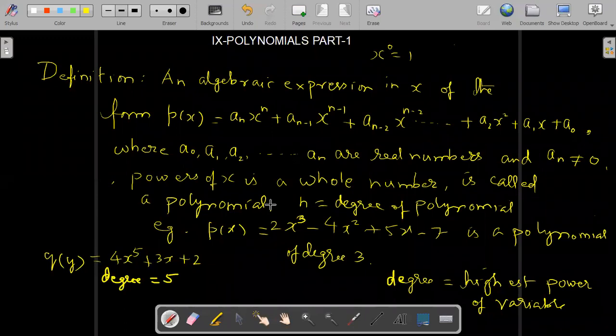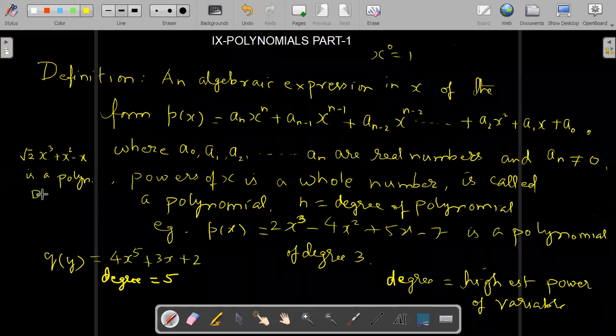So this is the way of understanding the polynomial. But if it is written in root also, it is a polynomial. Suppose root 2 x cube plus x square minus x is a polynomial.